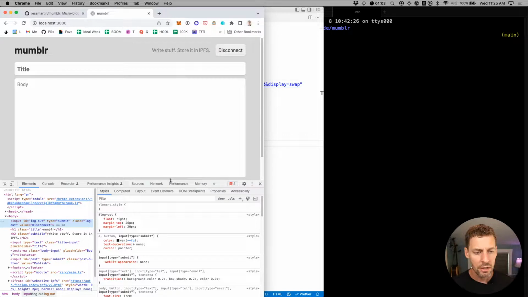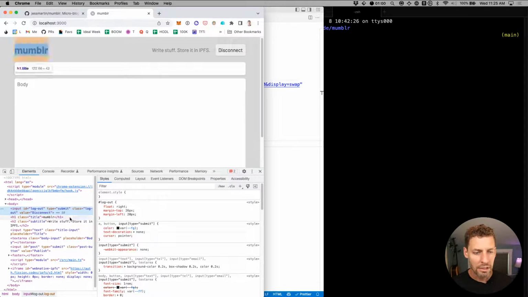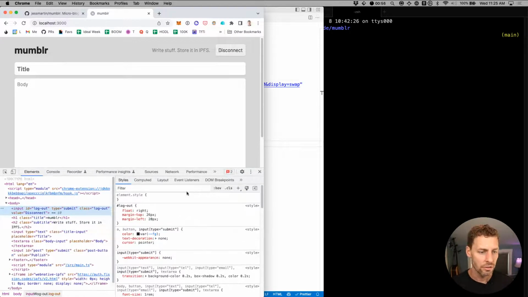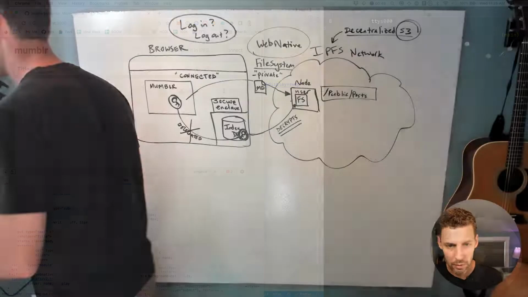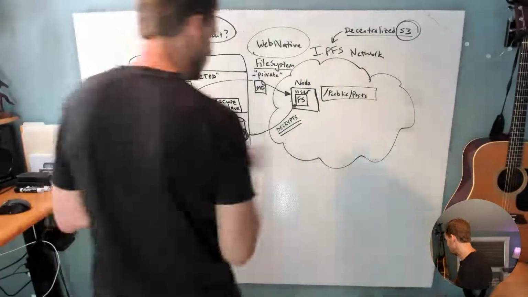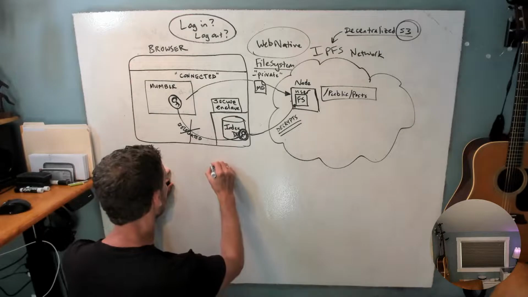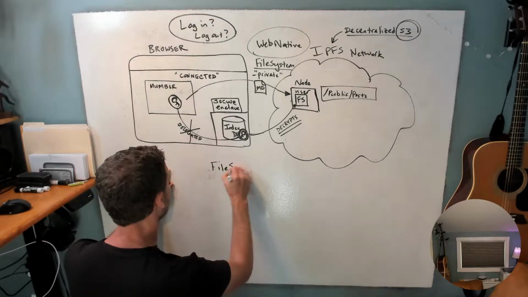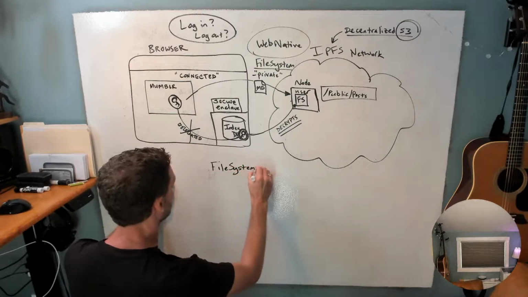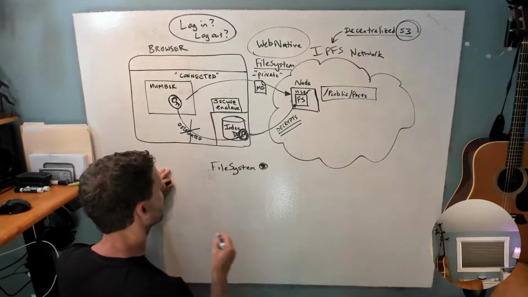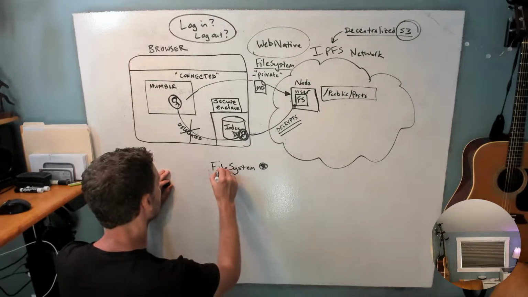But I'm not sure that graphically carries the right connotations for what we're trying to accomplish here. I think what we want is something like, let me switch over to the whiteboard again. A file system like this, and then have a color there.